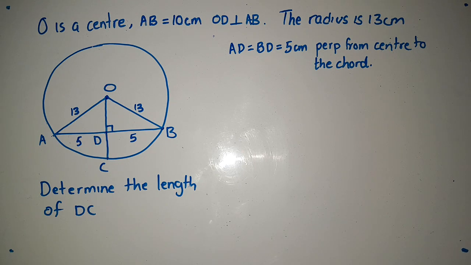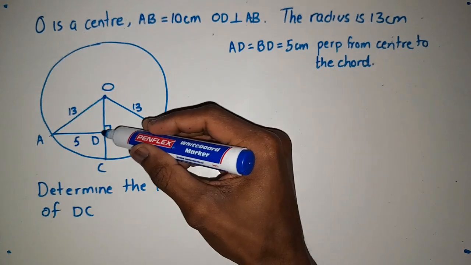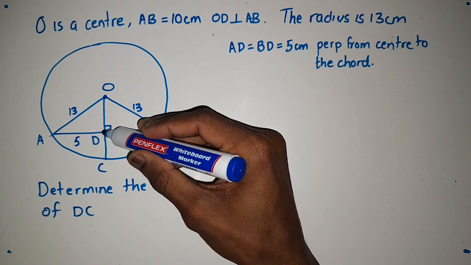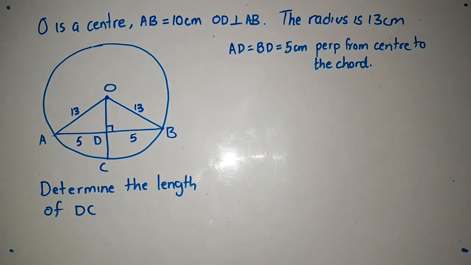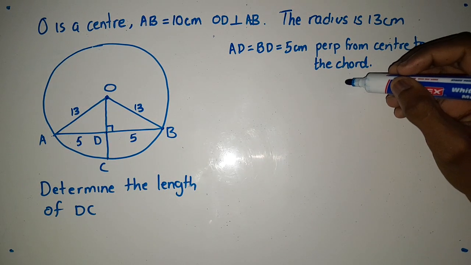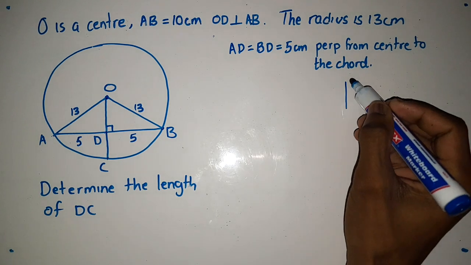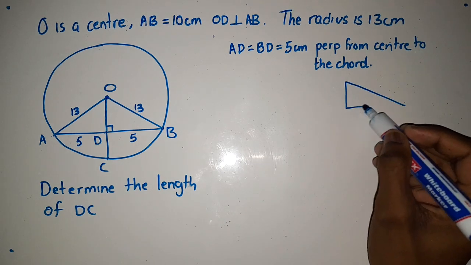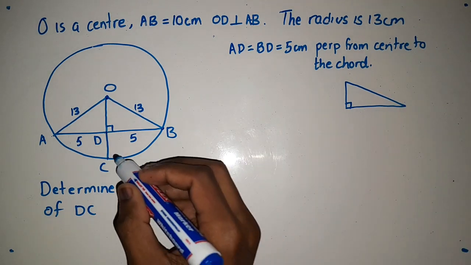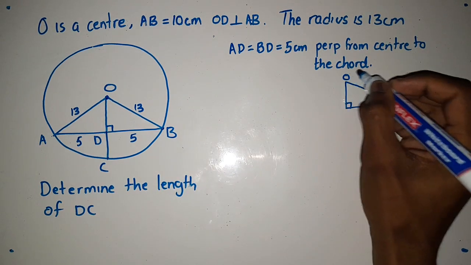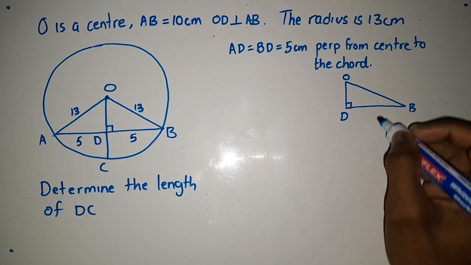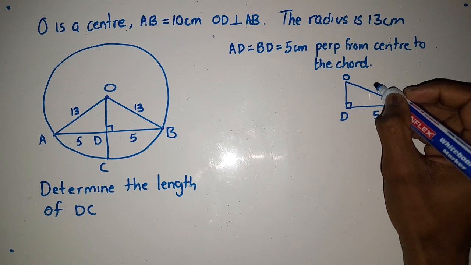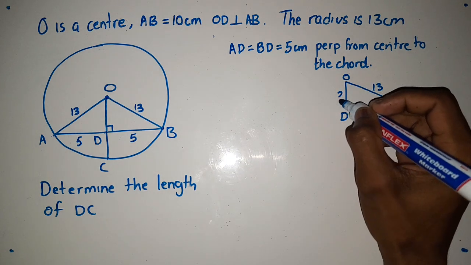Now, let's continue. We need DC. For us to get DC, we must firstly get OD in this case. Then how are we going to get the value of DC? Check. From this diagram, I'm going to take out O, B, and D like this. We know that this one is 5, this one is 13, this one is unknown.